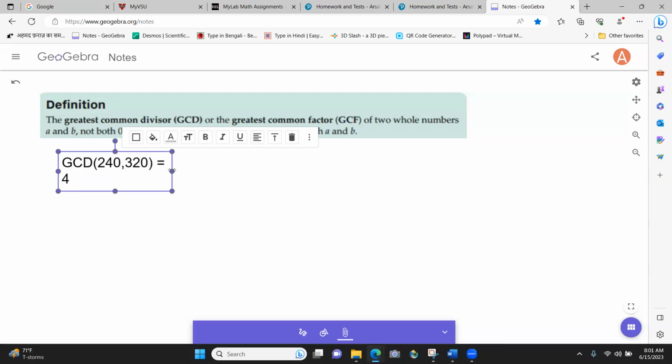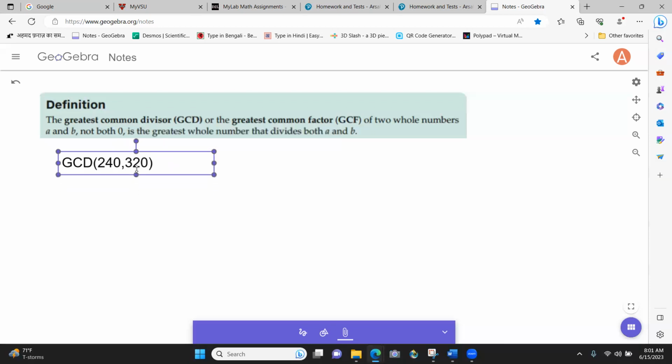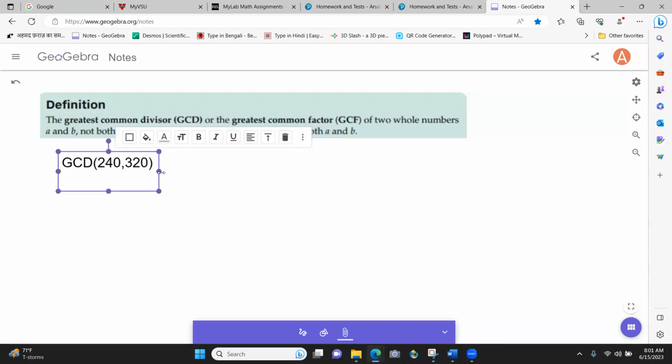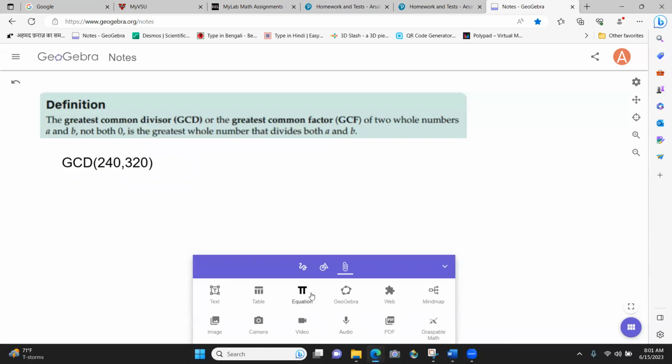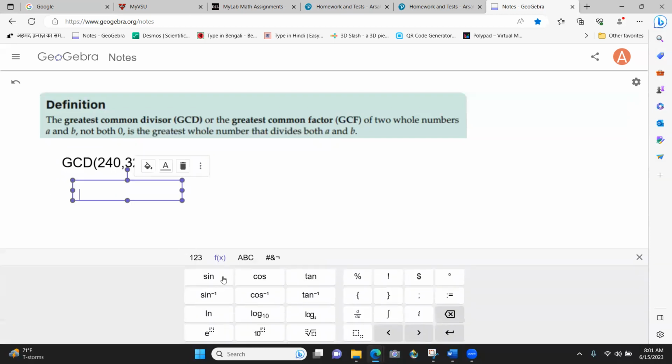I want you to find the greatest common divisor of these two numbers. I'm going to show you the steps. I'm going to do prime factorization as follows.